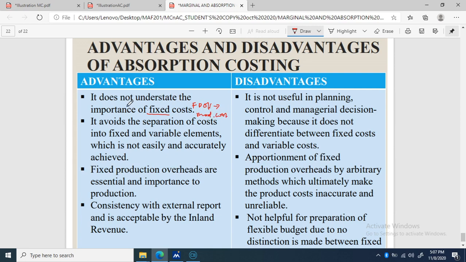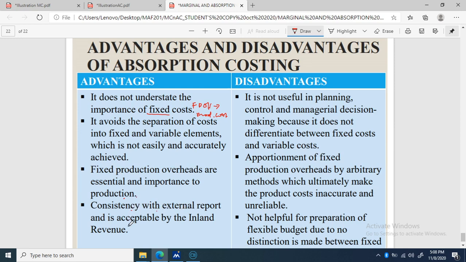It also avoids separation of cost into fixed and variable elements. So when we have production overhead, we do not have to separate between fixed and variable cost. We take the full cost of production. And fixed production overheads are essential and important in production, so that's why they are included under stock valuation.